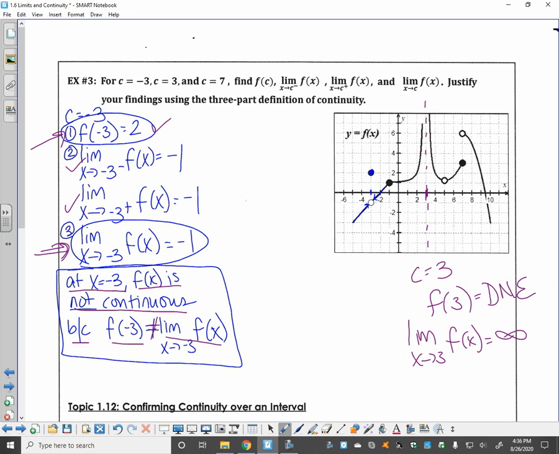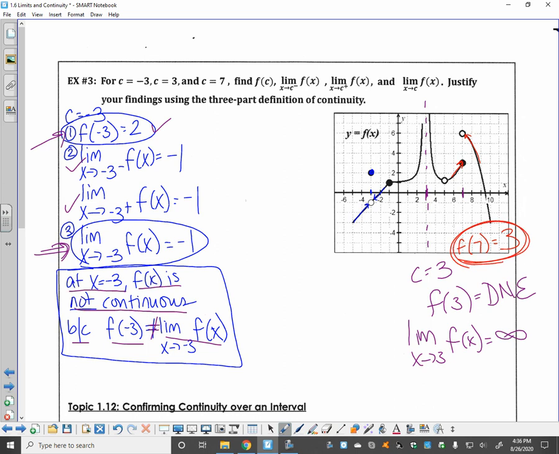Okay, let's look at 7. f of 7 equals 3. It's a lot of 3's in this problem. Okay, so there's the function value. Now the limit from the left is 3. The limit from the right is 6. The overall limit does not exist. f of 7 is 3.